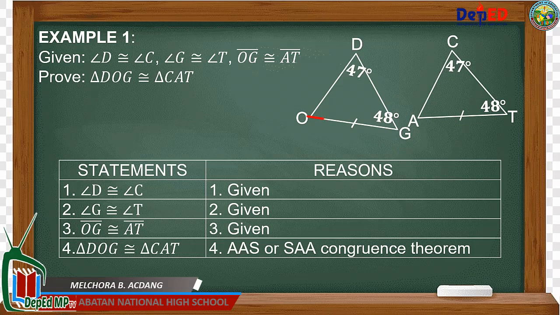Line segment OG is congruent to line segment AT. The reason for that statement is also given. Number 4. Triangle DOG is congruent to triangle CAT. The reason for that statement is the angle-angle-side or side-angle-angle congruence theorem.